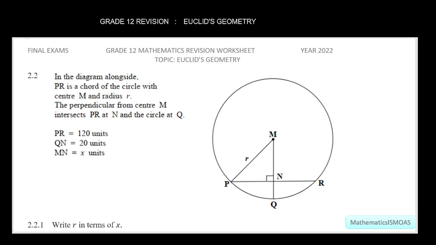The perpendicular from center M intersects PR at N. This means MN is perpendicular to PR, and they have shown here the size of 90 degrees. Now that MNP is equal to 90 degrees, we know that MN is perpendicular to PR.